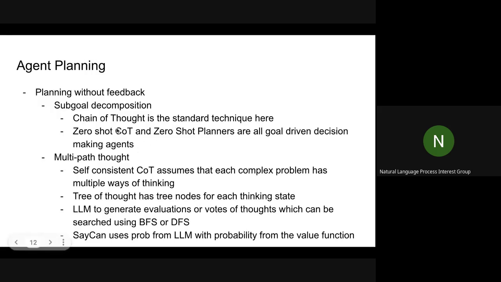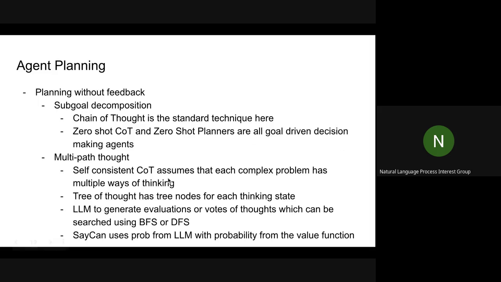And then after this came out, for the sub-goal decomposition, there was multi-path thought, which was on the thought process of, hey, humans have multiple different options before they choose a next action, right? They have some sort of vetting process of these three options that I could do next, which one am I going to choose? They reflect and so forth.